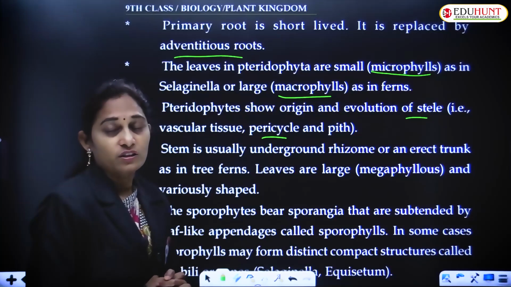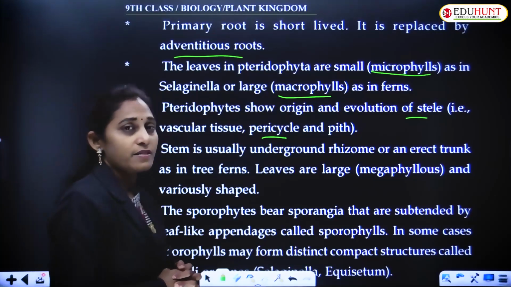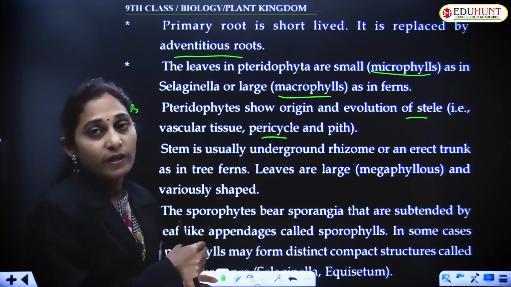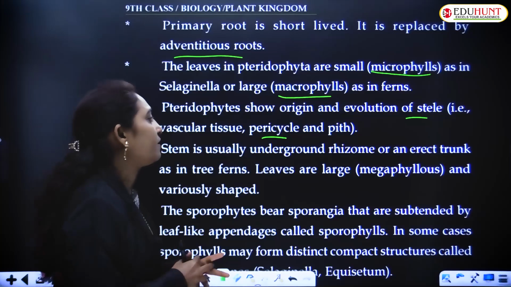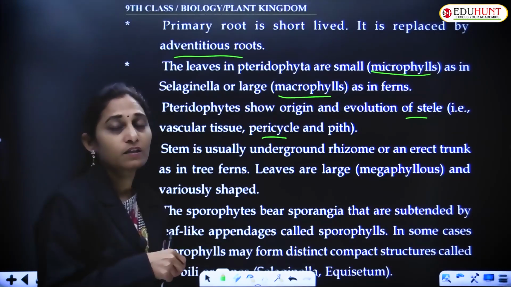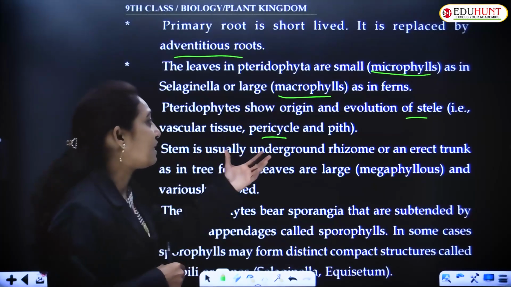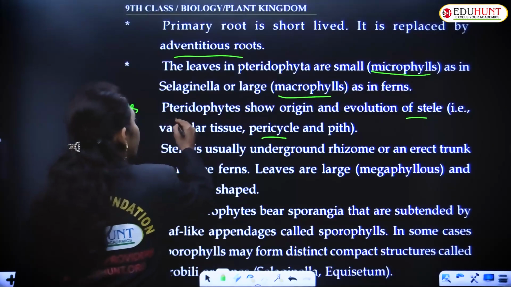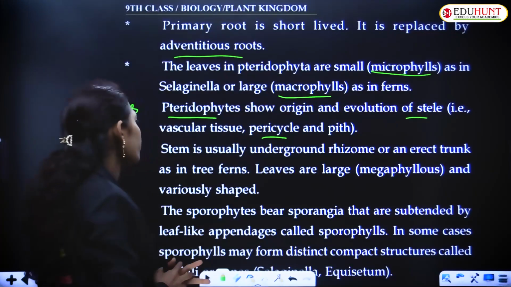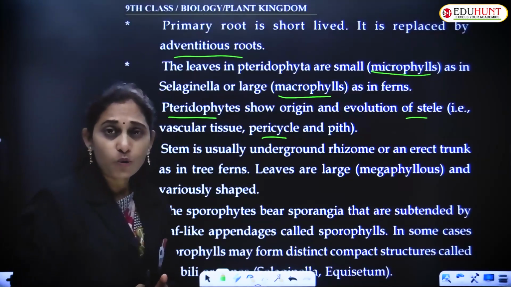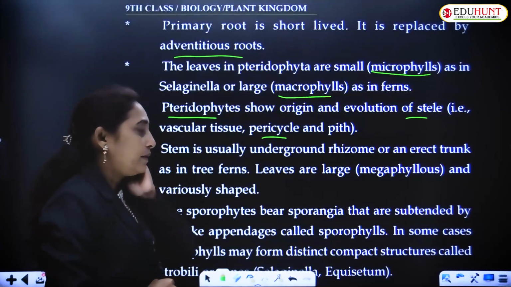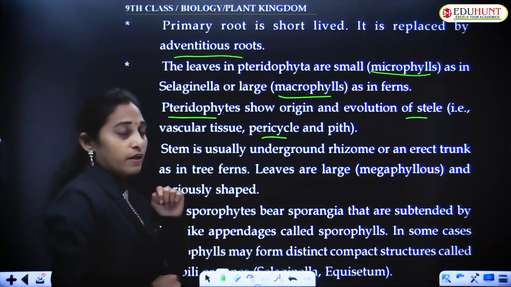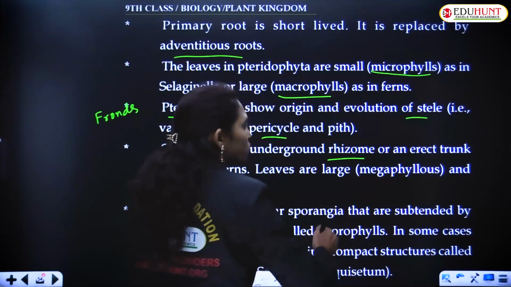As we have mentioned, it has a stele which is surrounded by pericycle, and in the center of the stele there is pith, and the origin of that stele and its evolution is seen for the first time in pteridophytes. And the stem is usually underground, an underground rhizome type of stem.